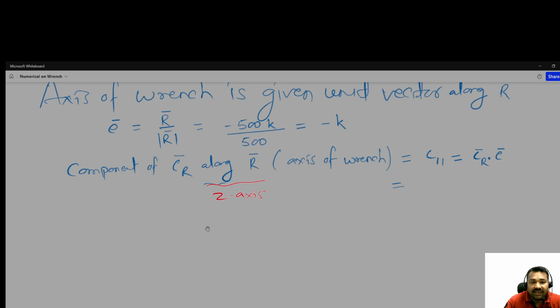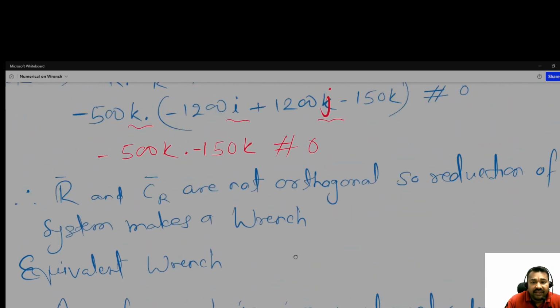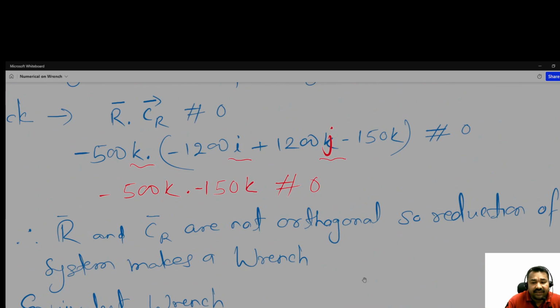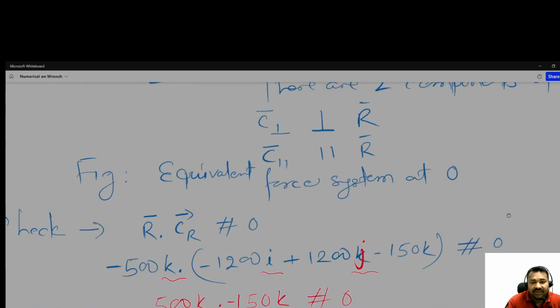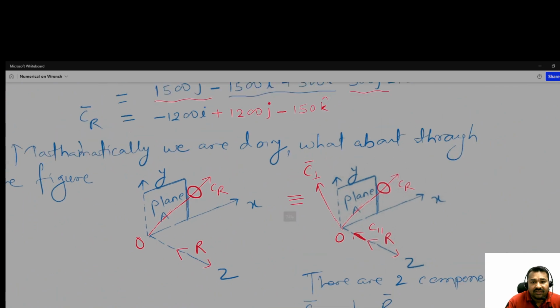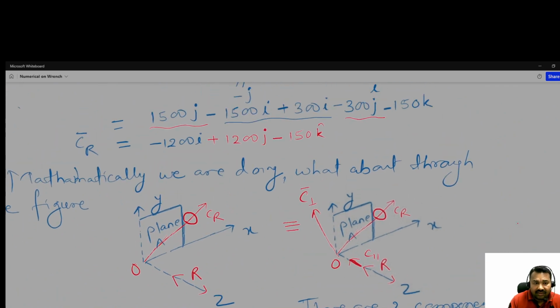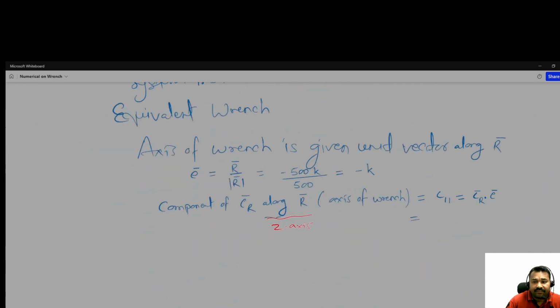So let us take the z component of the resultant couple, this one, minus 150K.